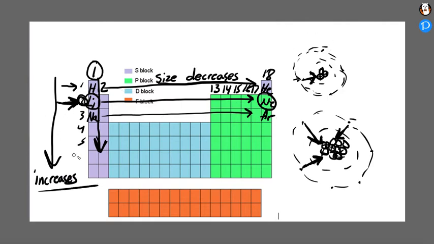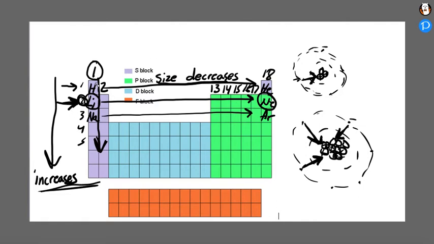The reason is, if we move down, lithium is going to have a bigger size than hydrogen, sodium is going to have a bigger size than lithium, and so on and so forth. As we move down these rows, argon is going to have a bigger size than neon, and neon's going to have a bigger size than helium. Again, that's in general. There might be some exceptions, but in general, as we move down a group, we increase the atomic size.